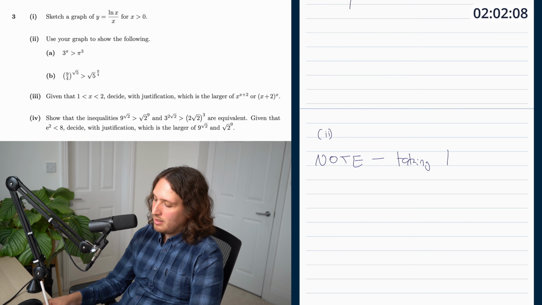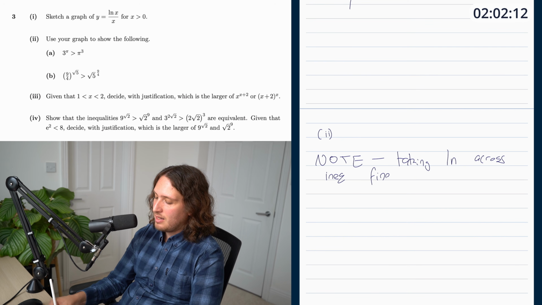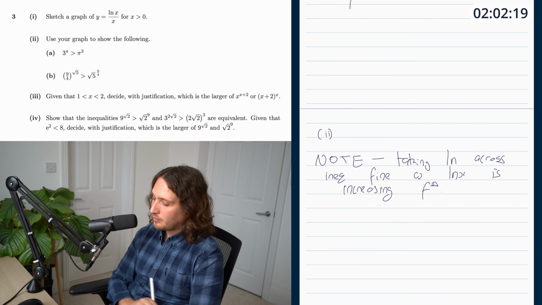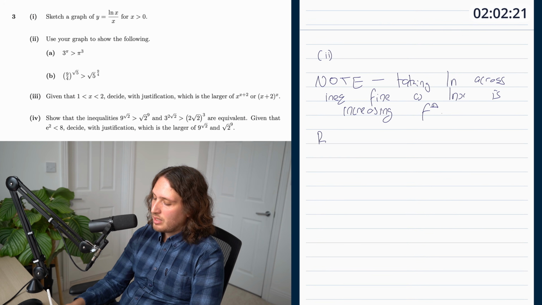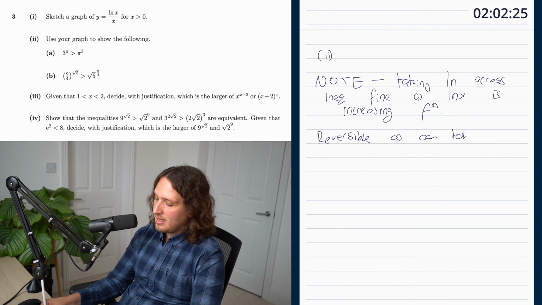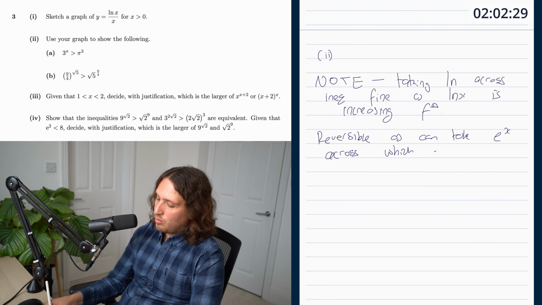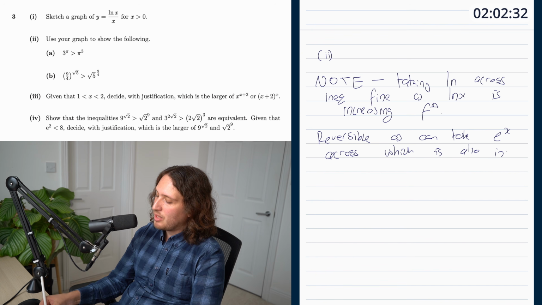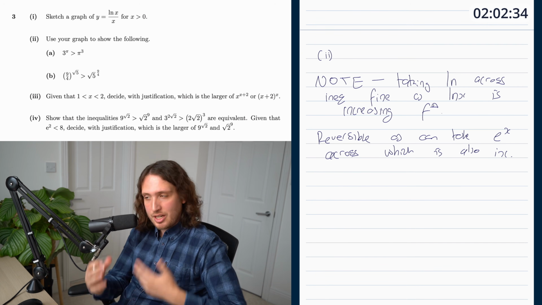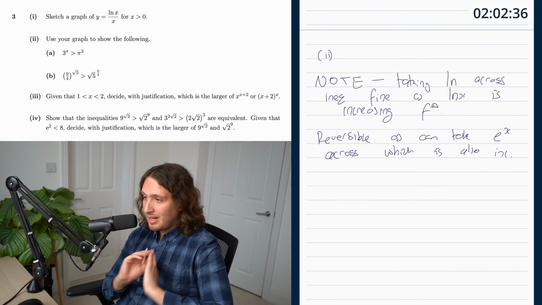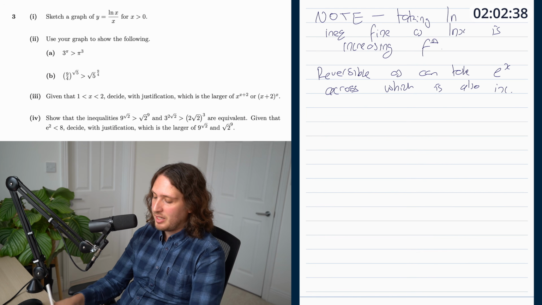Taking ln across an inequality is fine as ln x is an increasing function. And it is also reversible as we can take e to the x across, which is also increasing. So I'm going to repeatedly do reversible manipulations on the inequalities, and I've just cleared the air straight away with why this is legitimate.